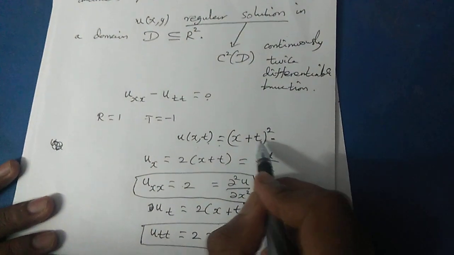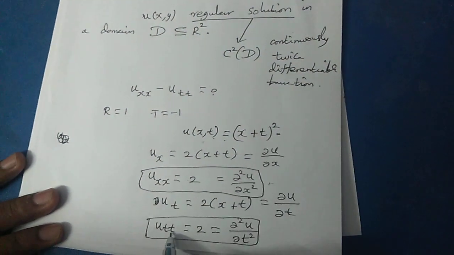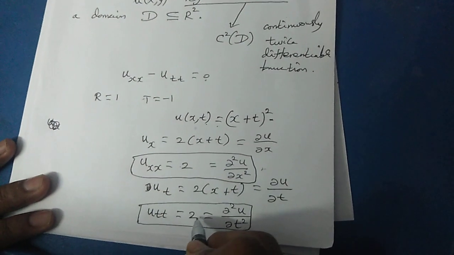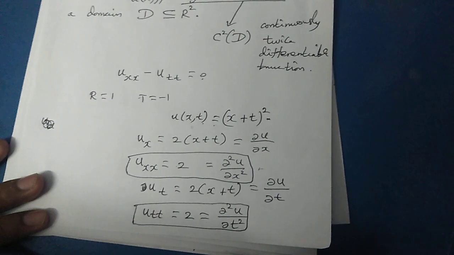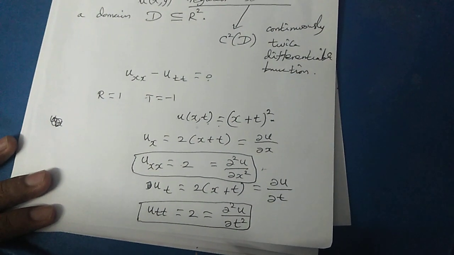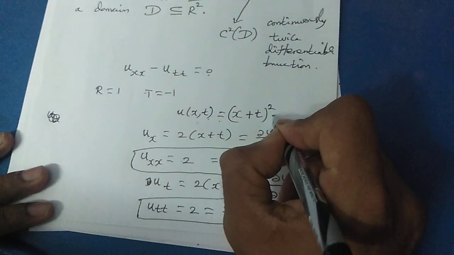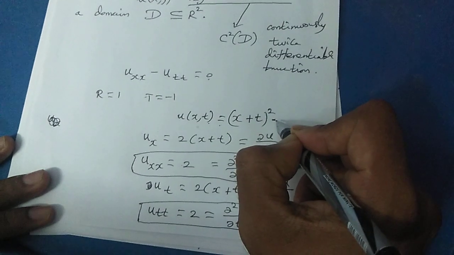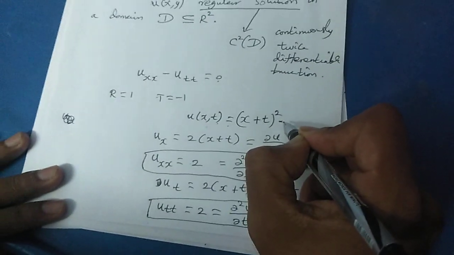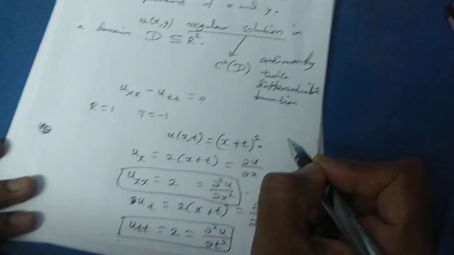The partial derivatives uxx as well as utt both have the value 2, which is a constant value. We know that a constant function is continuous, so this solution u of x comma t equal to x plus t whole square is a C2 function.